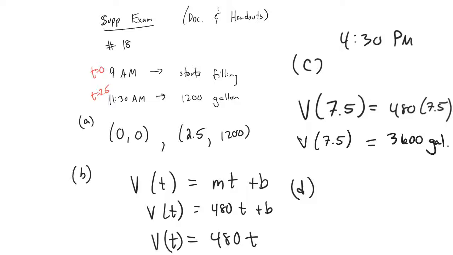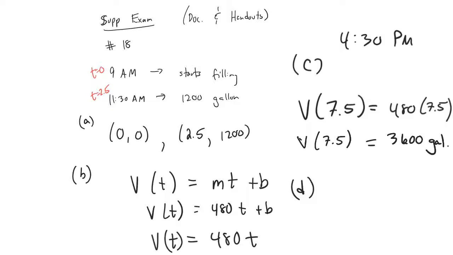Part D said in this problem, when will the tank have 2,600 gallons? Gallons, gallons, gallons. What variable is represented when I hear gallons? Yeah, the volume, the y variable in this case. Remember, this is time and this is gallons. So time in hours and volume in gallons.